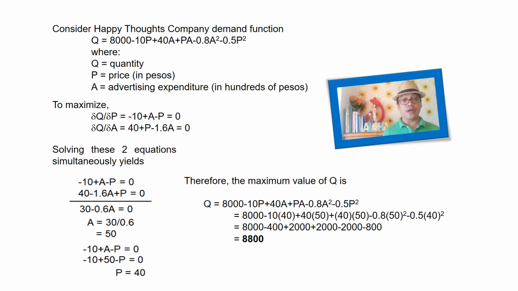Solving these two equations simultaneously yields A equals 50 and P equals 40. Therefore, the maximum value of Q is equal to 8,800 units.